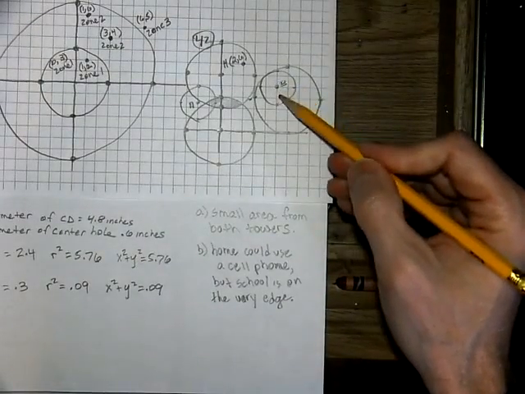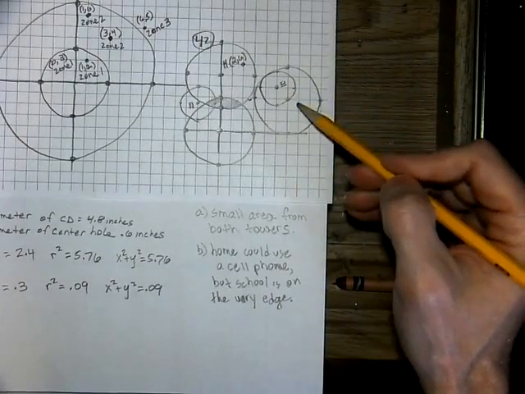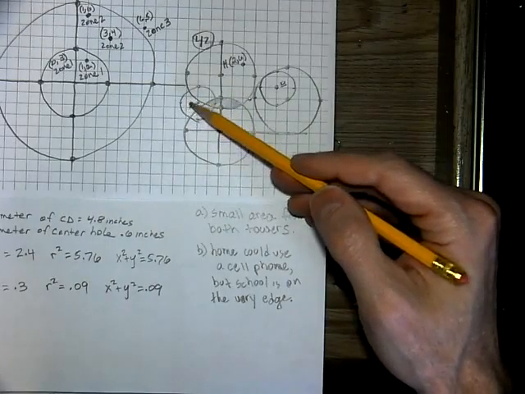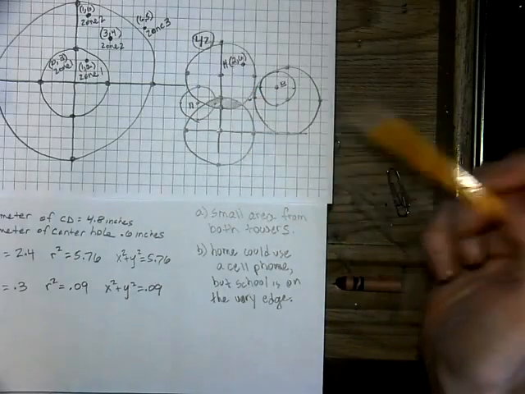Well, it looks like here city B is inside this circle, but city A has a lot of area that is outside the two cell phone coverages.